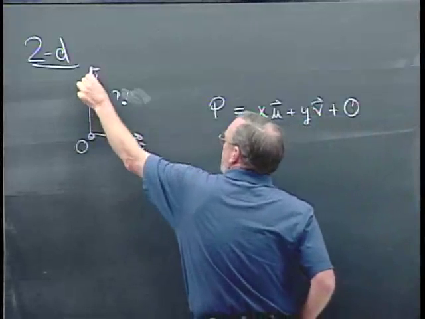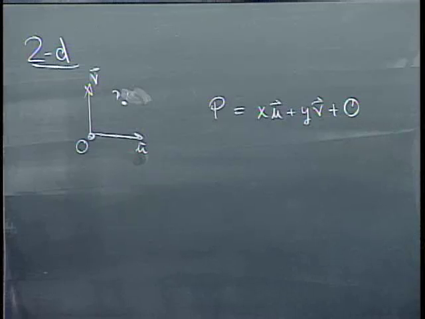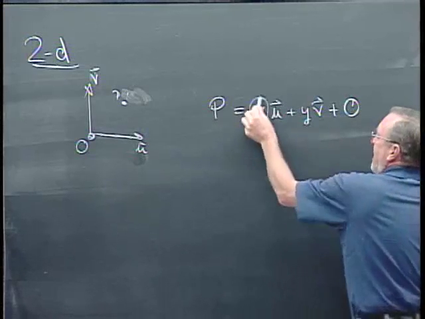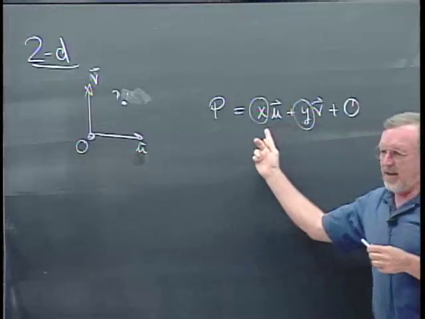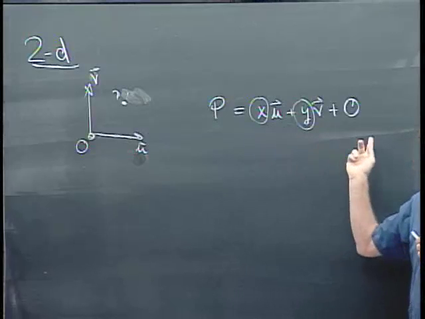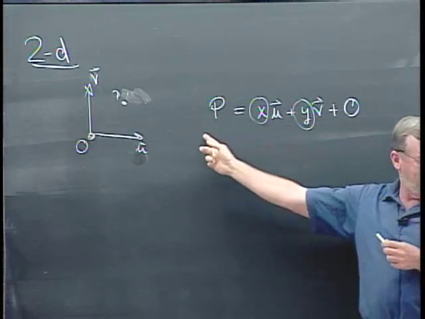Let me put vectors on top of my u and v for a second. I can always write P this way. There are some coordinates, x and y, that I can use with my two vectors, and add it to the origin to get to P, okay?